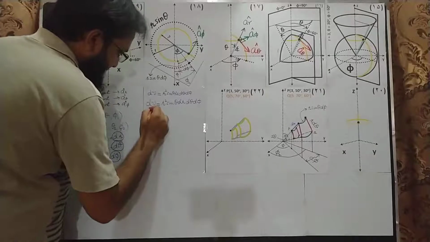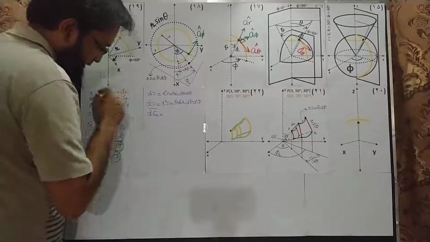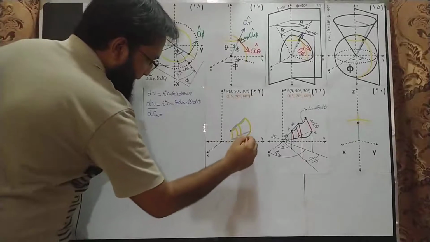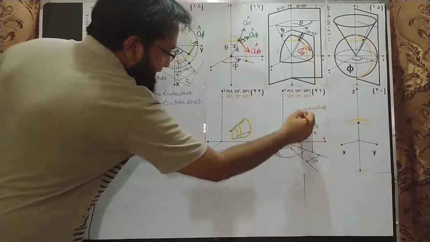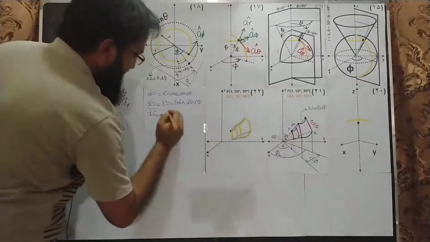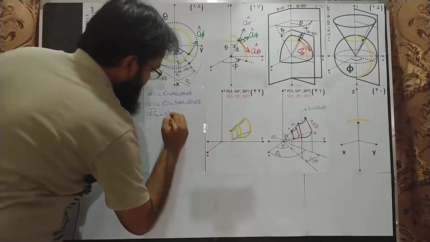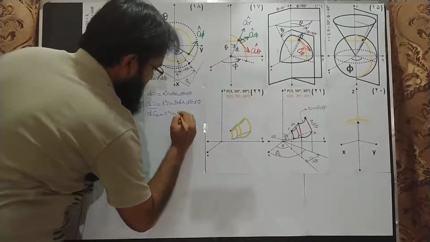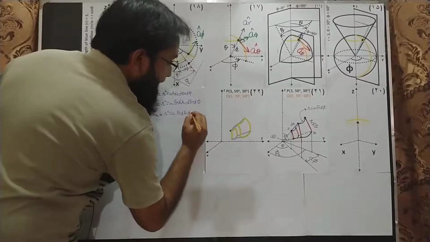We know that the surface area is nothing but a vector quantity, so we will just multiply one side, which is r sine theta, and the other side, which is r d theta. If we multiply these together, I'll get r square sine theta d theta d phi.